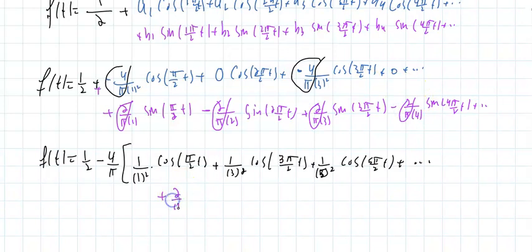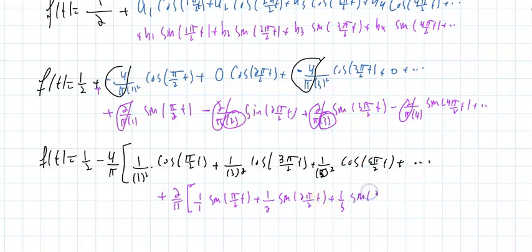So if I take 2 over pi out, I will have 1 over 1 the sine of pi over 2t plus 1 over 2 the sine of 2 pi over 2t, 1 over 3 the sine of 3 pi over 2t, 1 over 4 the sine of 4 pi over 2t plus, and don't forget those alternate.